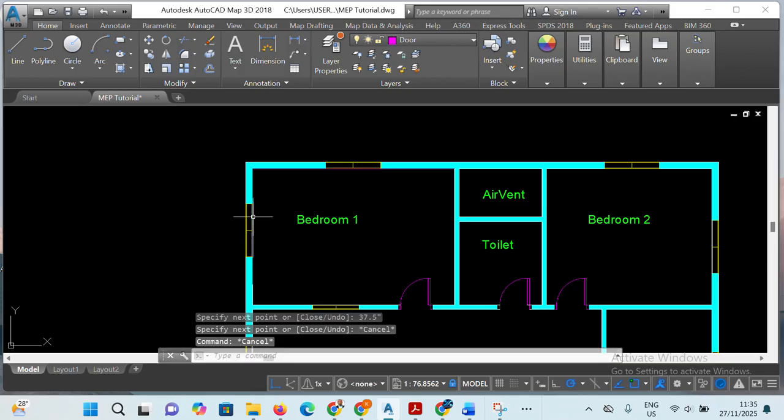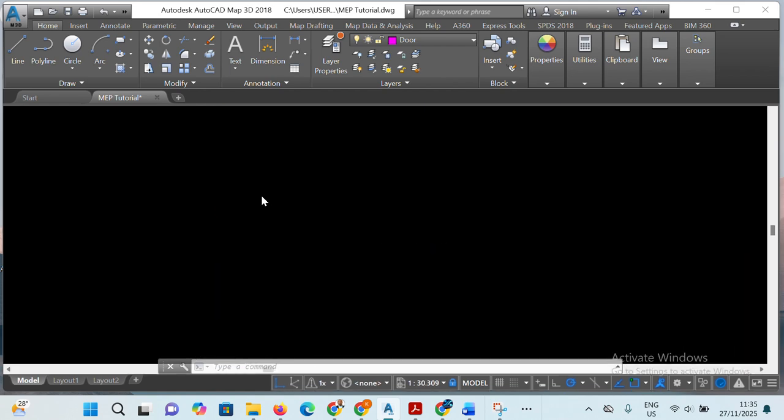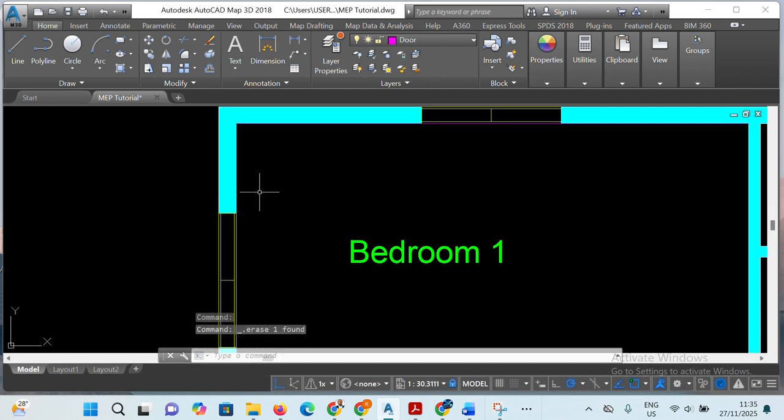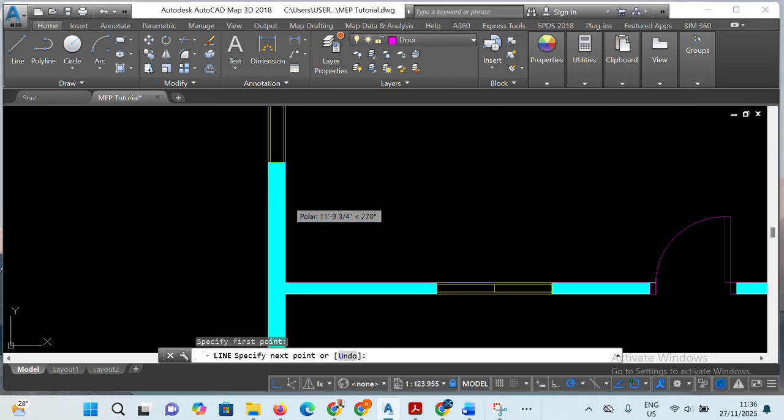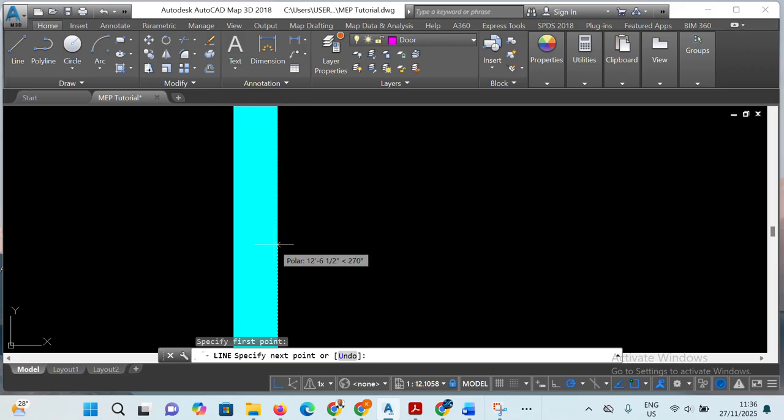This is not right, so let's take the distances again. From here, move the cursor along this line, and the first one is 37.5. Let's wait, is that correct?